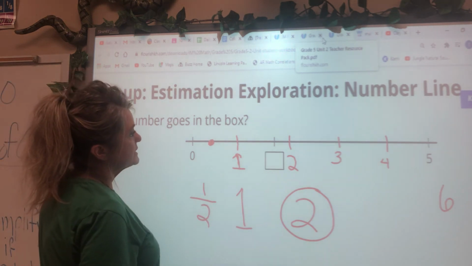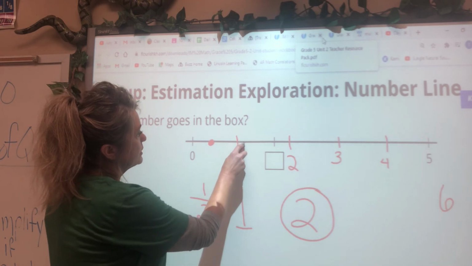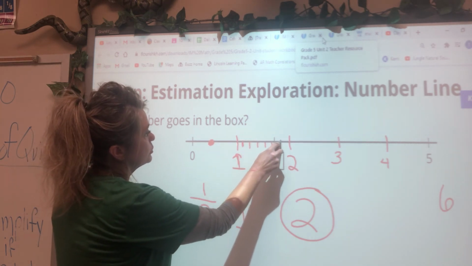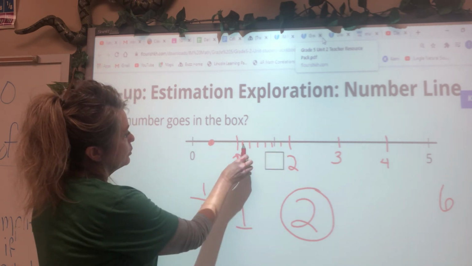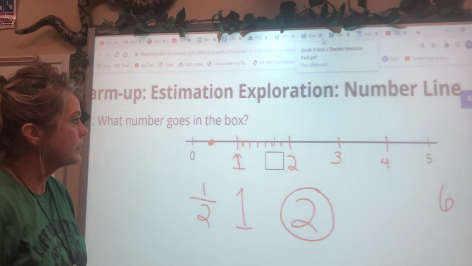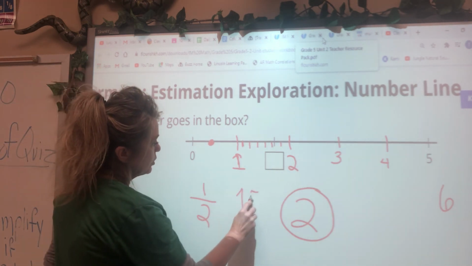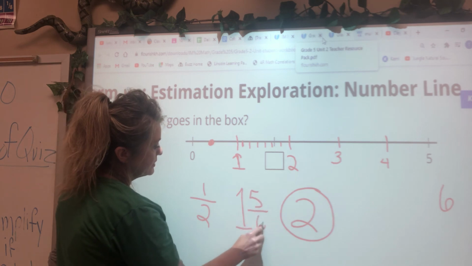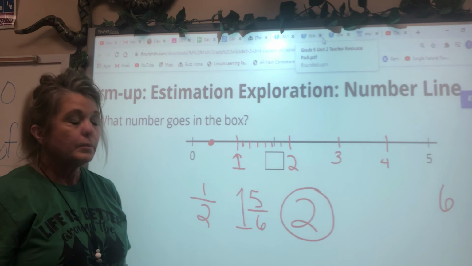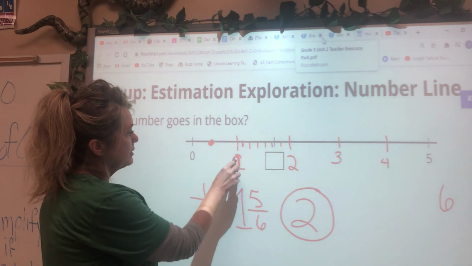If we do things like on our ruler, we typically have the little marks in between on our rulers. So if I had 1, 2, 3, 4, 5, 6 in between, I can say that this is about 1 and 5/6. We're not quite up to the 2, but we know we had at least the 1 whole part.